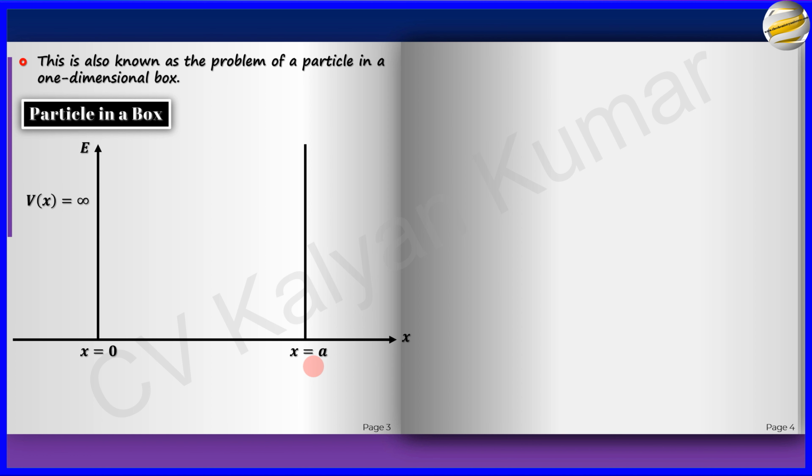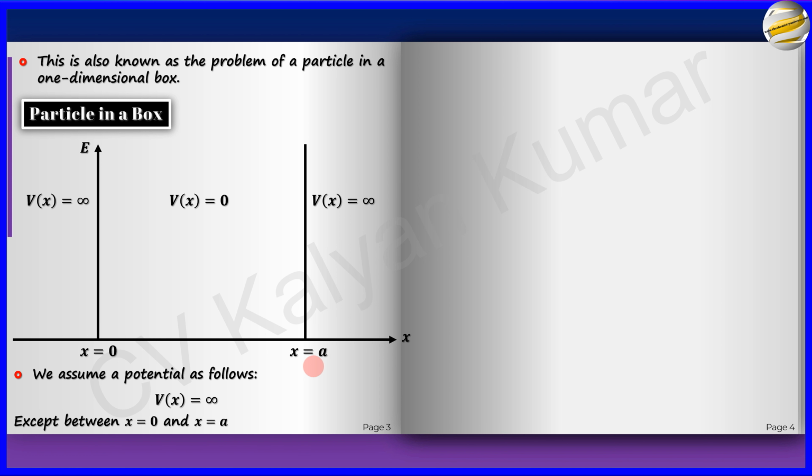V(x) is infinity here and V(x) is infinity here. So what I basically mean is that the potential outside the box is infinity and the potential inside the box is 0. This can be understood because we assume a potential as follows: V(x) is infinity except between x equal to 0 and x equal to a, and within this space V(x) is 0.